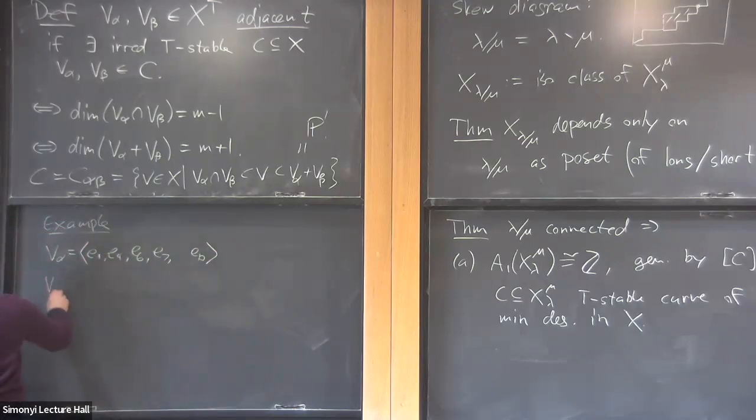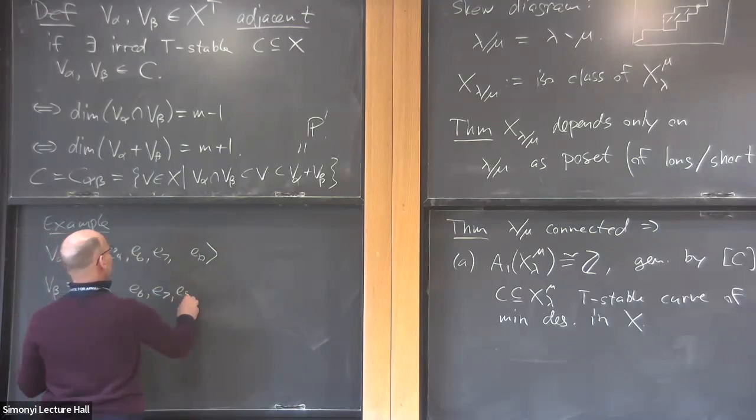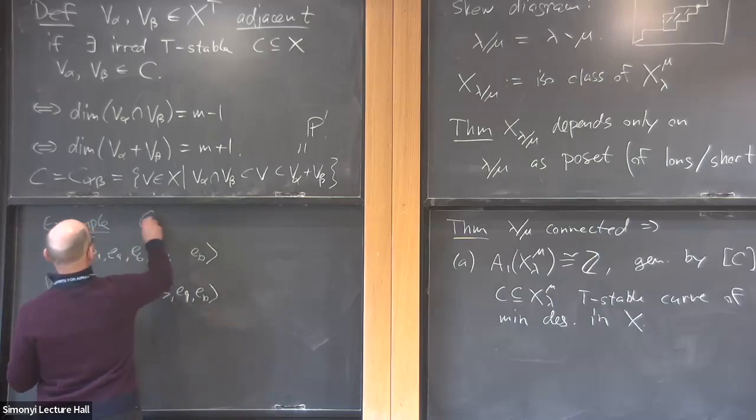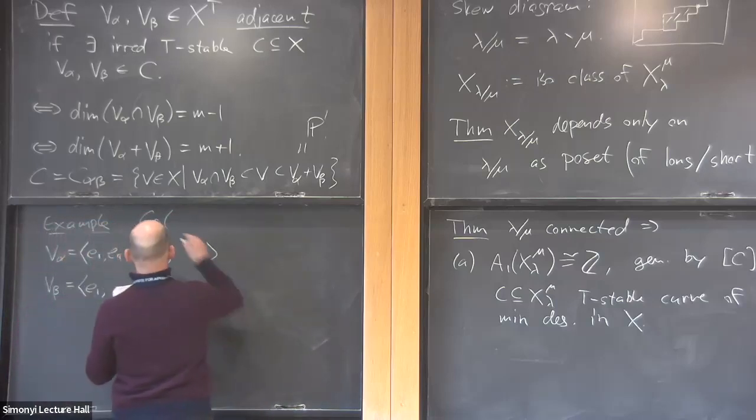And V beta could be the span of e1, e6, e7, e9, and e10. And I guess this is in the Grassmannian 5,12.